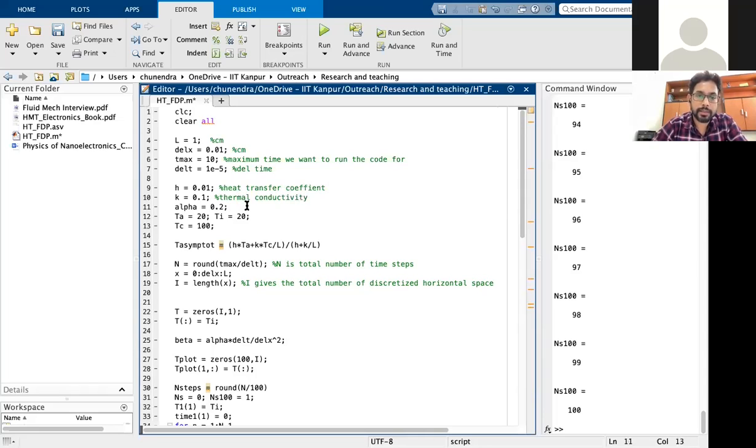Okay, and then alpha is thermal diffusivity. And then TA, I have written these as T, let's call it TH. So TA is air temperature, right?